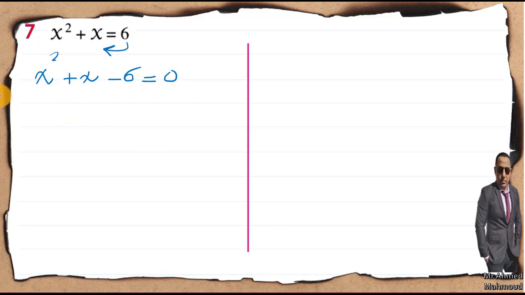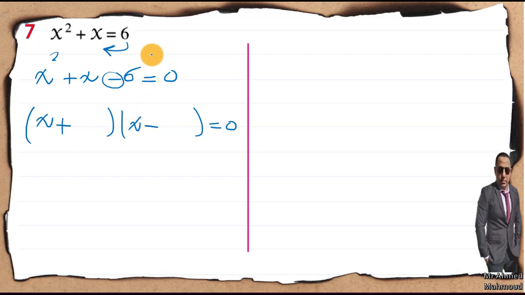This equation doesn't include a common factor, so I'm going to factorize directly like this. Open two brackets, x here and x here. Because this sign is minus, I'm going to write here two different signs, plus and minus, or minus and plus.